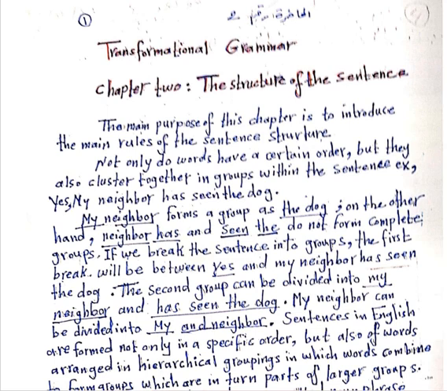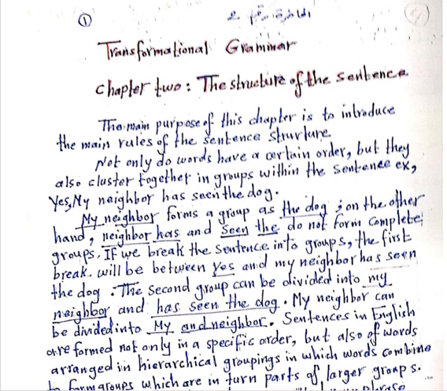Neighbor is one word; has is an auxiliary in this sentence, one separate word; and seen is the past participle of the verb see. The determiner does not form a complete group.